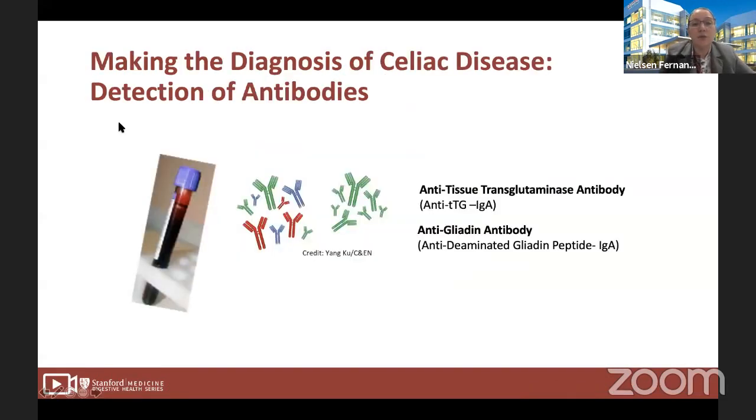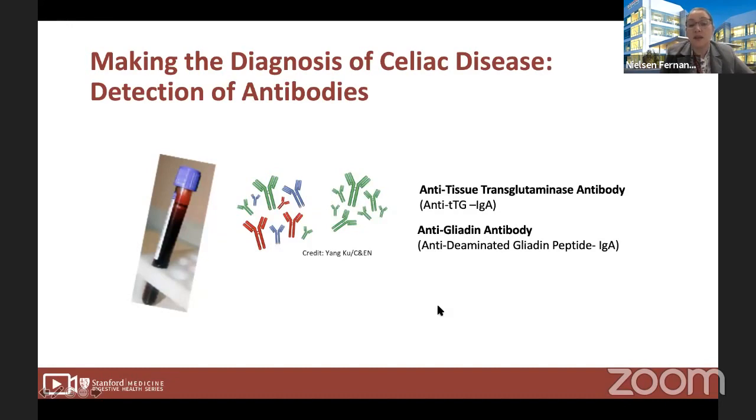And how do we make the diagnosis once we have that clinical suspicion? Well, like I mentioned before, part of the immune reaction to gluten is that some antibodies are made. These are antibodies to tissue transglutaminase, which is important in modifying gluten, and antibodies to gluten, which are called anti-gliadin antibodies.